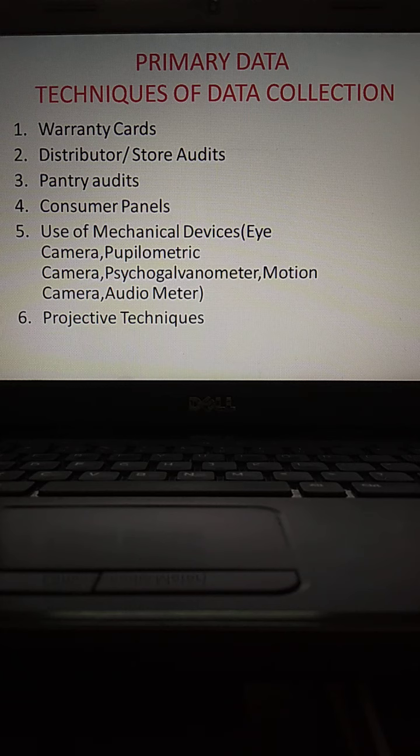Eye cameras are there, pupilometric cameras are there, psychogalvanometer, motion camera, audiometer. Understand? All these readings and pictures provide various kinds of information which help in the decision making process.